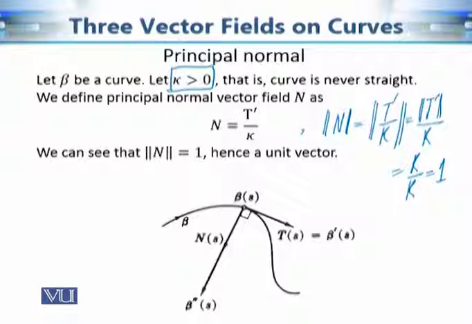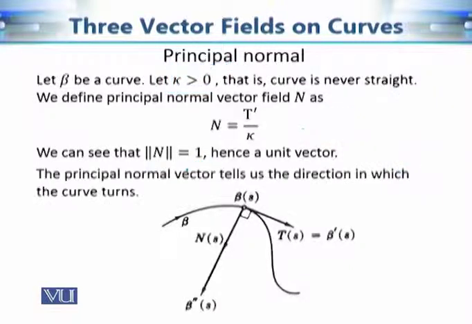So we are not compromising too much by taking κ greater than 0, and hence we now have another vector field on the given curve which is perpendicular to the unit tangent vector field, and it is also a unit. Now what does this principal normal vector field tell us? It tells us in which direction the curve is going to turn.